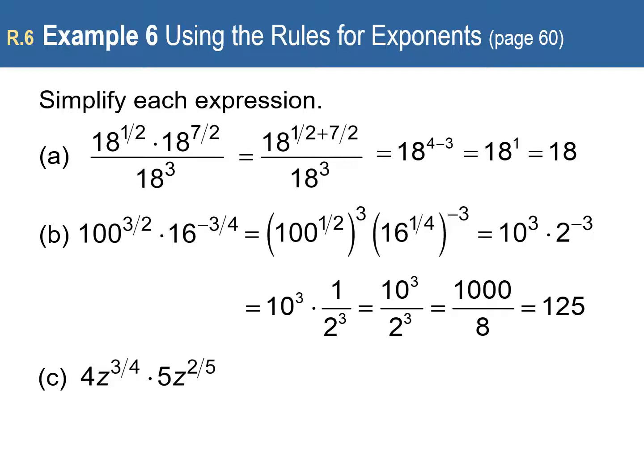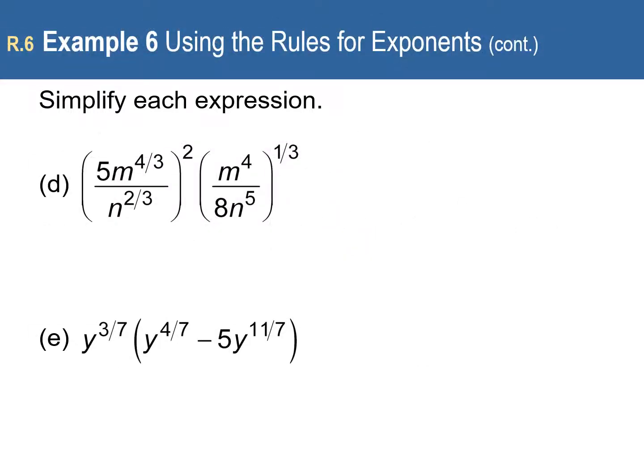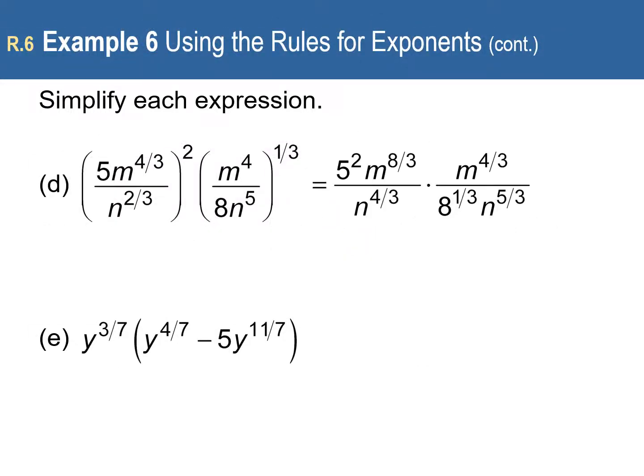Now 4z to the 3/4 times 5z to the 2/5. We're going to multiply the 4 times the 5 and then add our exponents. So this becomes 20z to the 23 over 20. To simplify these, you're going to want to distribute the 2 and the 1/3 to each term.